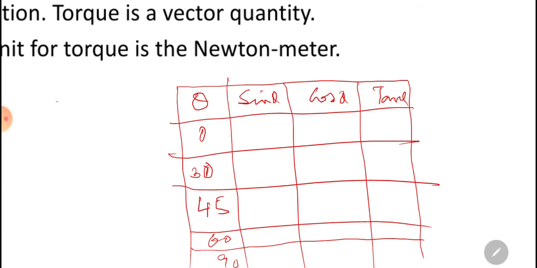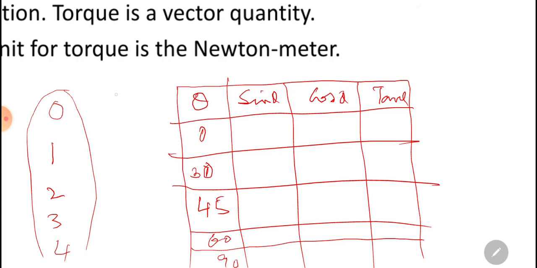So start from 0, 0, 1, 2, 3, 4. How to memorize this table? In this column the maximum value is 4, so divide each number by 4. 0 by 4, 1 by 4, 2 by 4, 3 by 4 and 4 by 4.